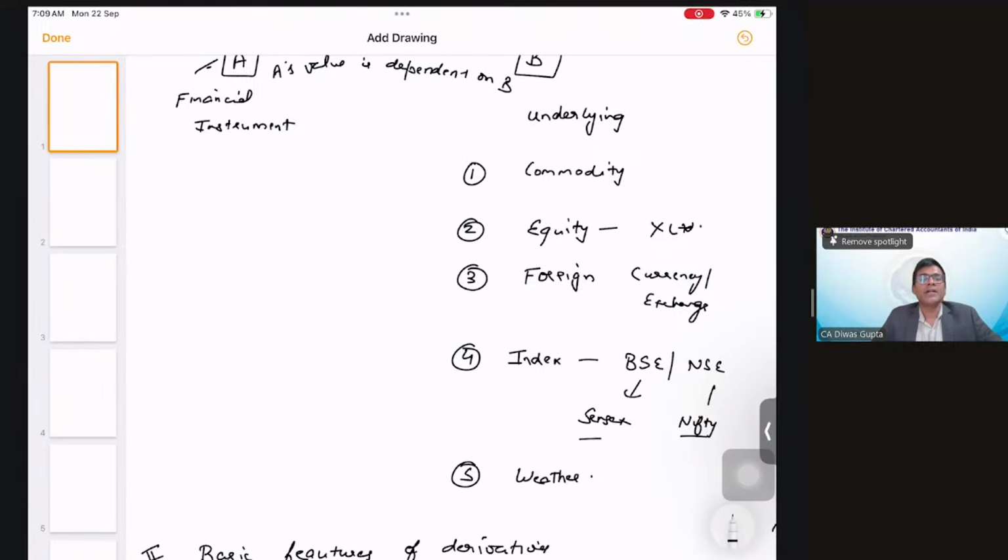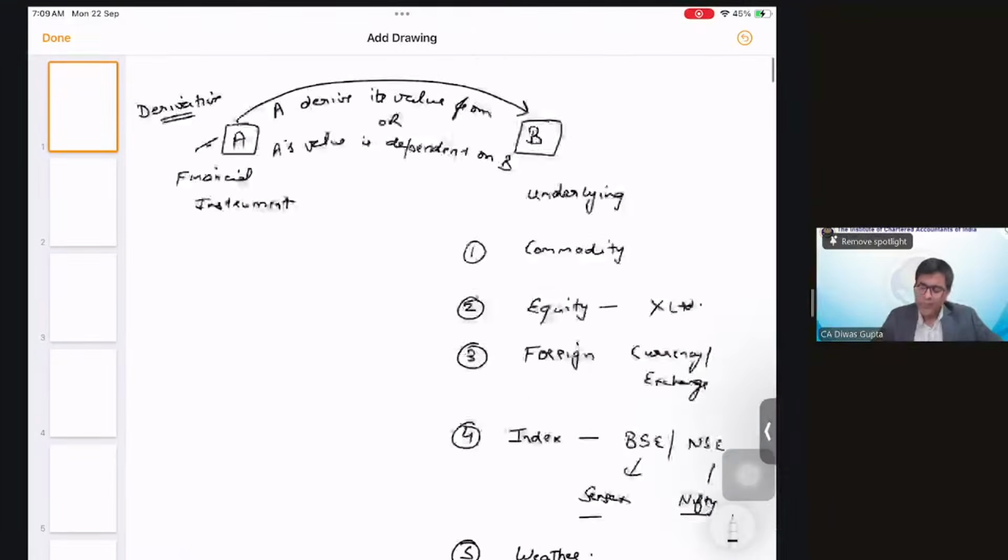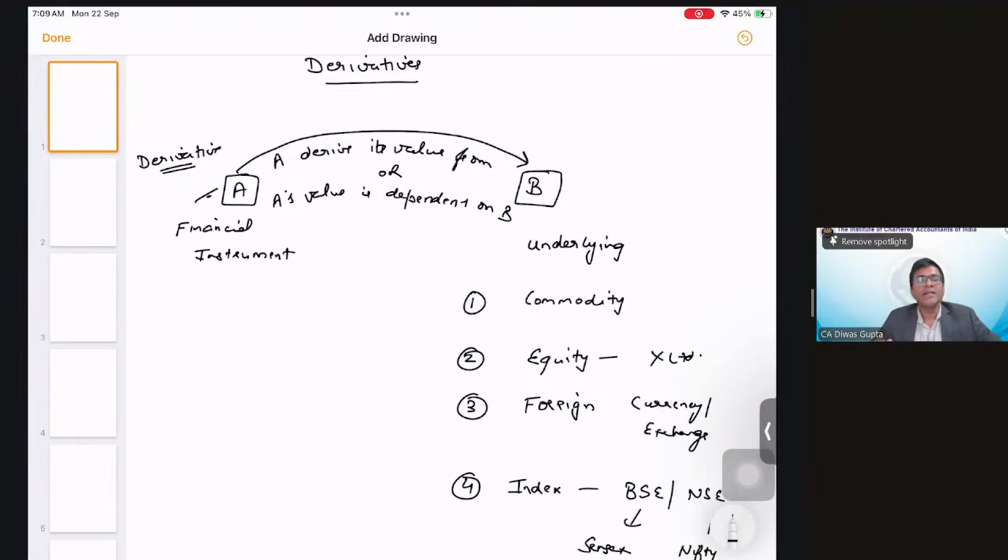See, any contract will have at least two parties, which is, let's say, a buyer and a seller. So even a derivative, for that matter, will also have a buyer and a seller. So this A instrument, which is a very different instrument from B instrument, will have its own buyer and seller independent of B's buyer or seller.